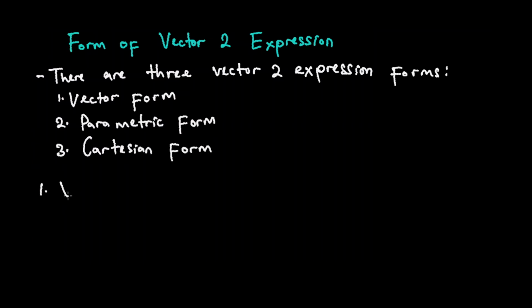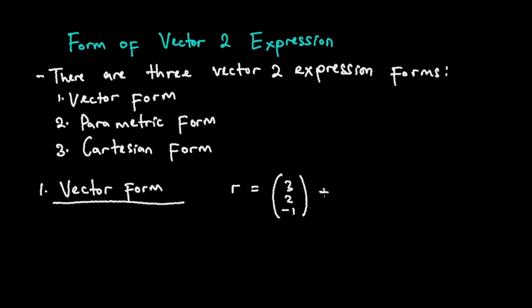So, let us start with number 1, vector form. Vector form is what we started learning. r is equal to (3, 2, minus 1) plus lambda, this is the parameter of direction, (minus 1, minus 5, 2), like that. That's vector form.